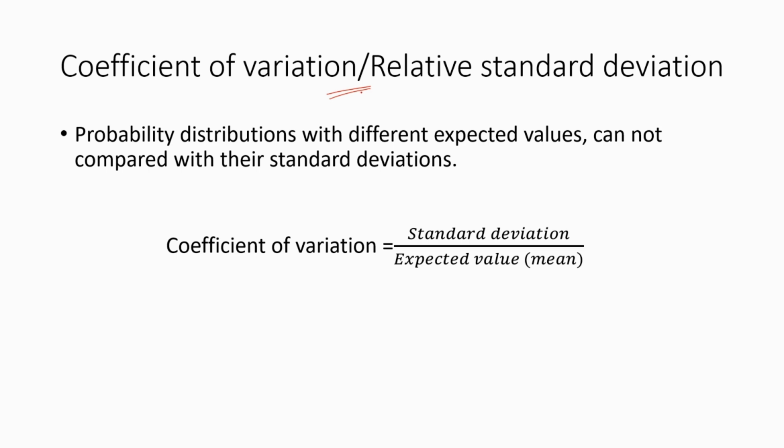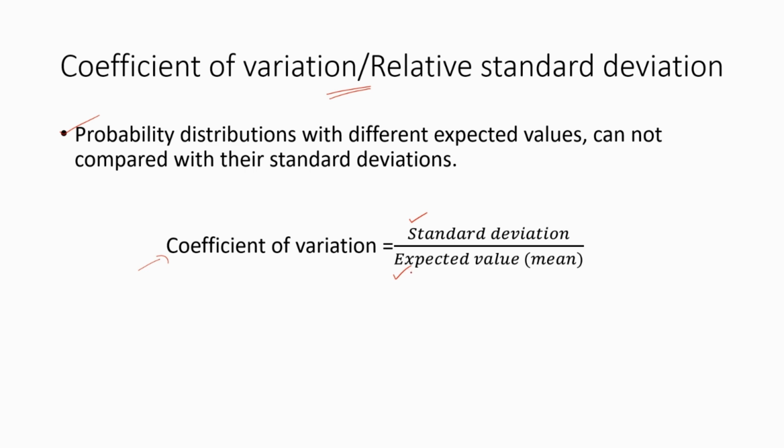Probability distributions with different expected values cannot be compared with their standard deviations. So we have to calculate the coefficient of variation. This equals the standard deviation divided by the expected value or the mean value.